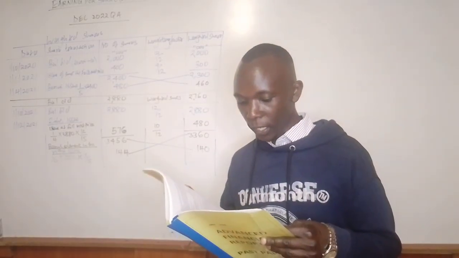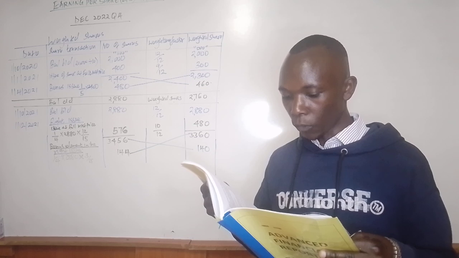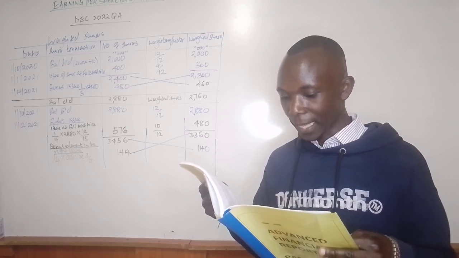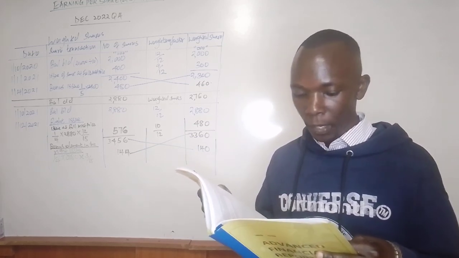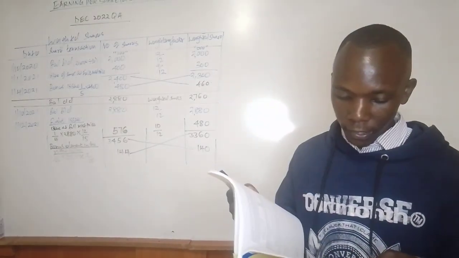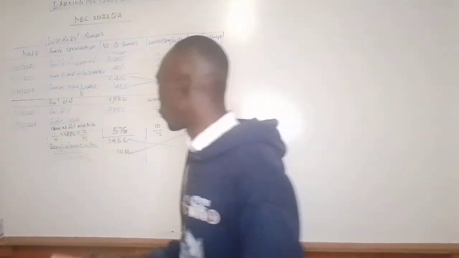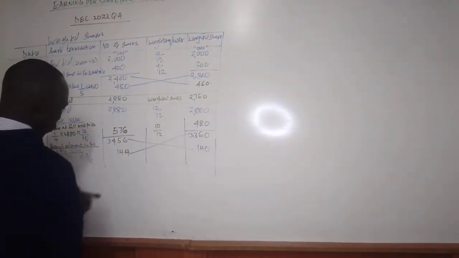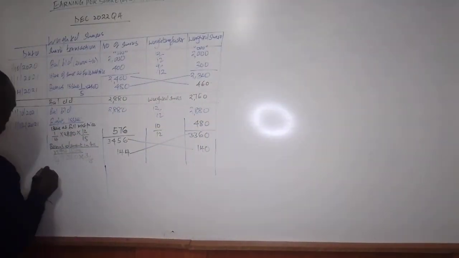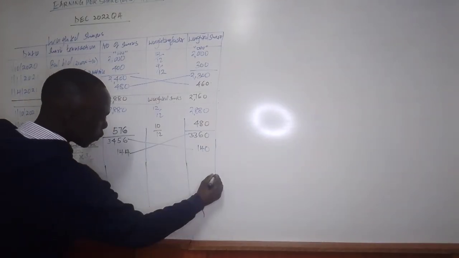Each shillings 1,000 nominal value of the loan stock will be convertible at the holder's option into 600 ordinary shares. Then they continue and tell us about 1st June 2022.